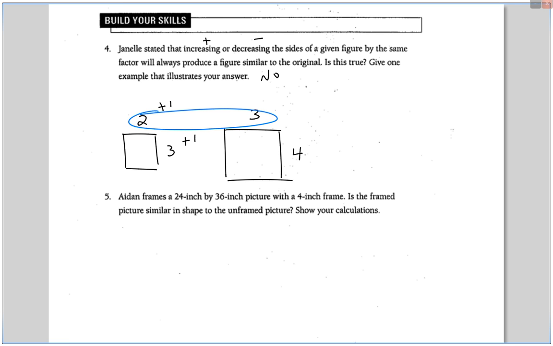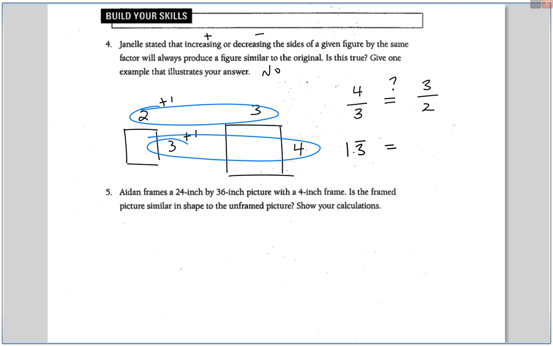So 2 goes with 3 and 3 goes with 4. So let's do the ratio. 4 divided by 3, is that the same as 3 divided by 2? When you go to your decimals, you see that they are not the same proportion, so we say no, not similar. The sides absolutely have to be in proportion.